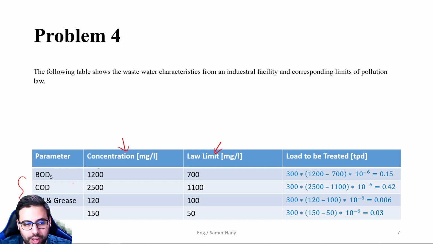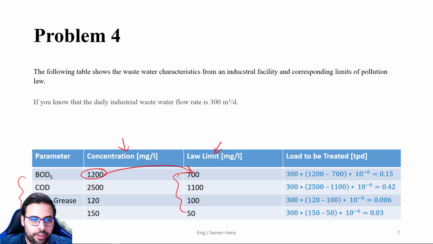So if we have the BOD as 1,200 milligrams per liter, we don't need to treat the entire load for those 1,200. We just need to get it to this limit or just below it, so that we can discharge our wastewater, and it will go to central treatment plants to treat any waste streams within those limits.